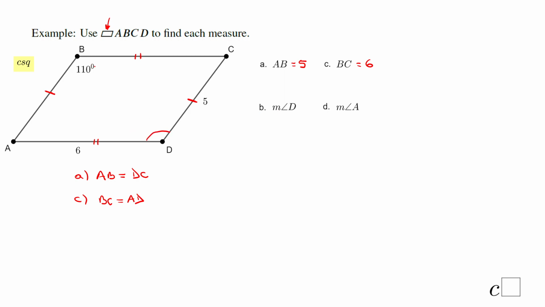This angle here is congruent with this angle because they are opposite angles. Angle B congruent with angle D. So therefore the measure of angle D will be the same as the measure of angle B, which is given to us as 110.